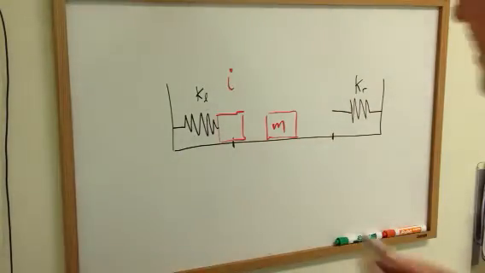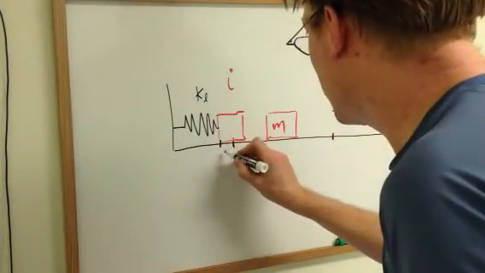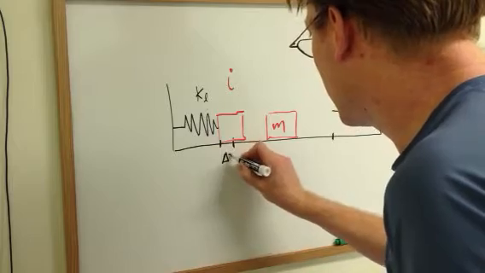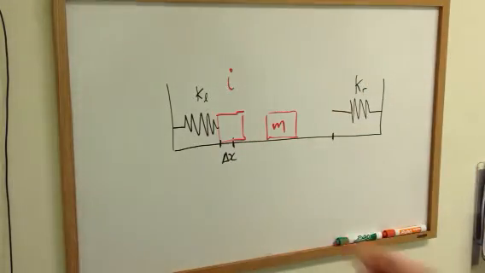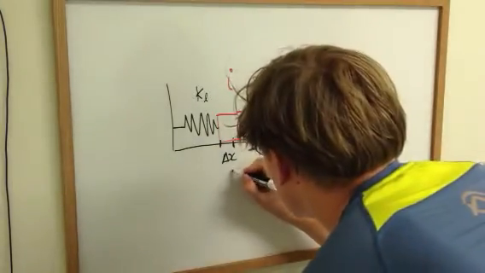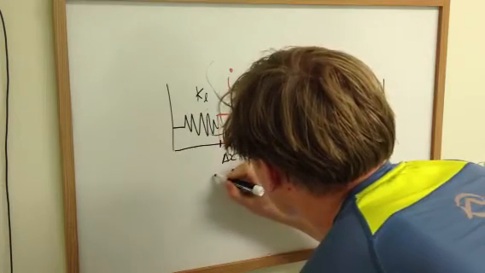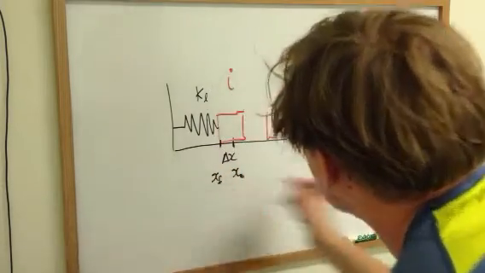And it has squished the spring delta x. There's a change. If that was x naught, x final, there's the delta x.